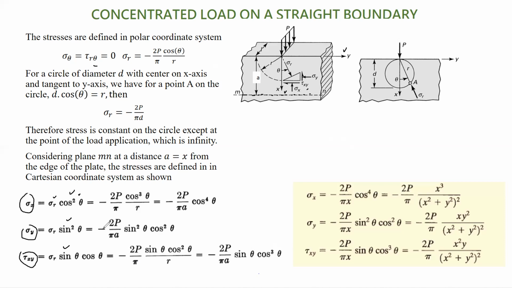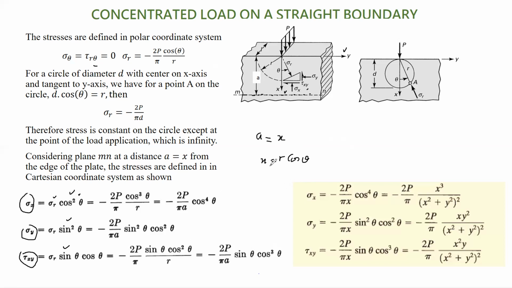And notice that this is my y, a that is shown here is my x at that location. So x is equal to r cosine theta in the polar coordinate system.